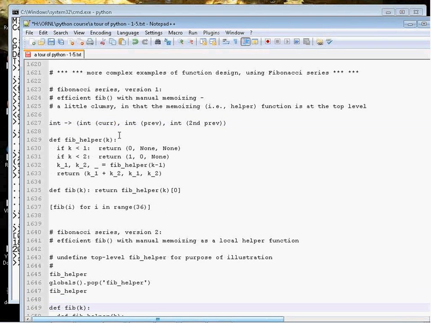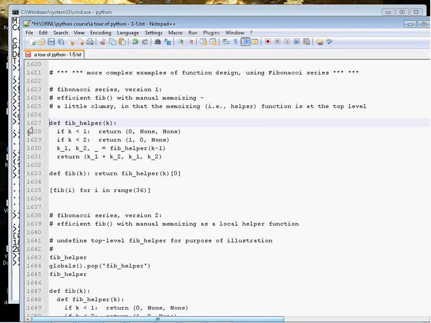Okay. So one of the points that I teach people when I try to teach recursive programming is that if your function is not returning the same type of object in each of its return cases, then you are probably doing something wrong. As you can see, each of these cases is returning a triple.